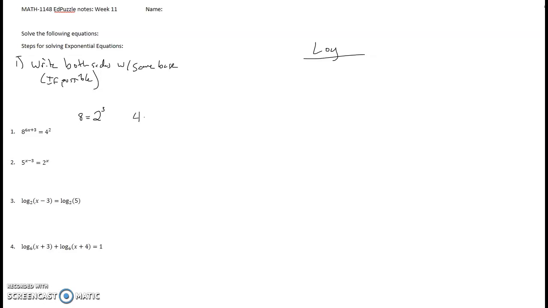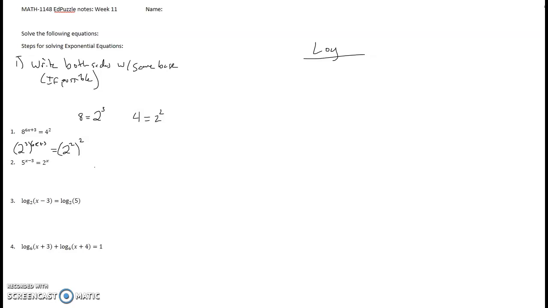And 4 would be 2 to what power? 4 would be 2 to the second power. So this is going to be 2 to the third power, and then we have a 6x plus 3 up on top. And then the other one is going to be 2 to the second power, and then that thing is squared.